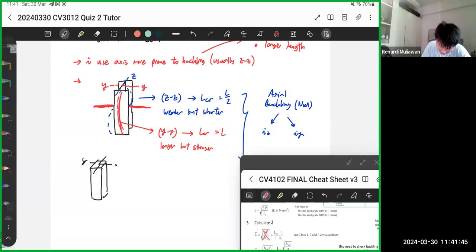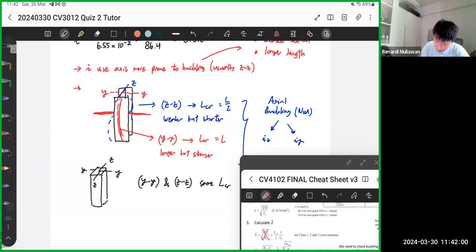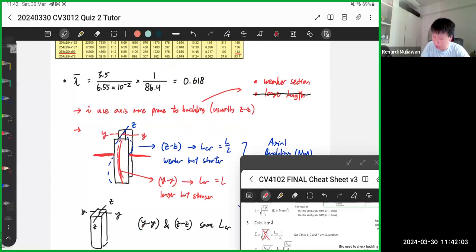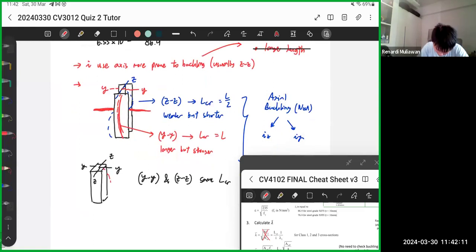So they have the same L, the same LCR. So we factor this out already. We don't need to check which length is longer, because LCR is the same, because there's no restraint. So the column will buckle the whole way anyways, both in ZZ and YY directions.